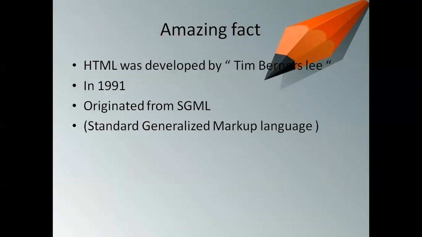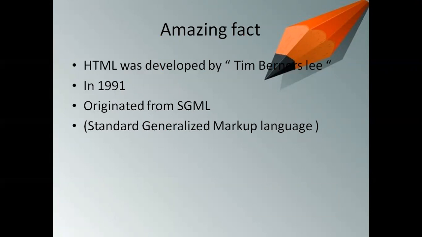Now, one amazing fact about HTML. HTML was developed by Tim Berners-Lee. The scientist's name is Tim Berners-Lee. He developed this HTML concept in 1991, and it originated from one more language, that is SGML.